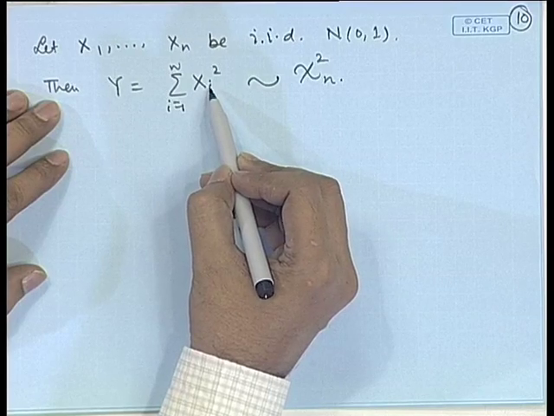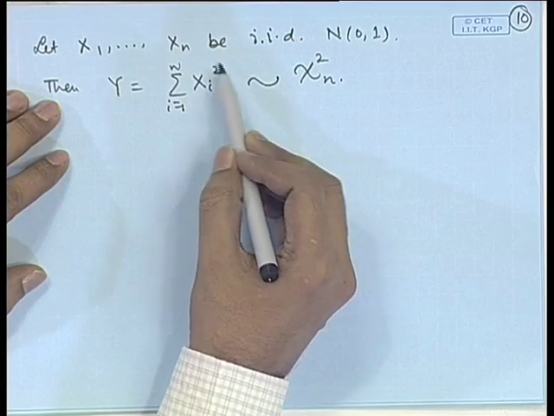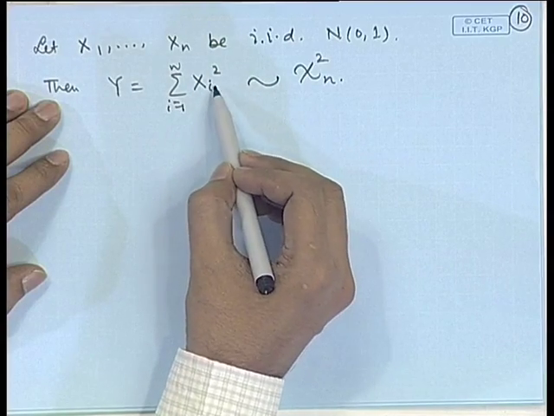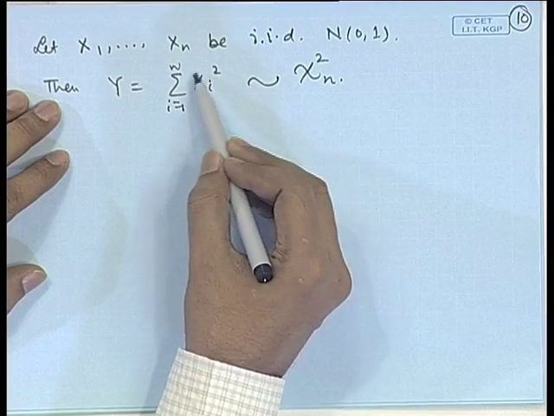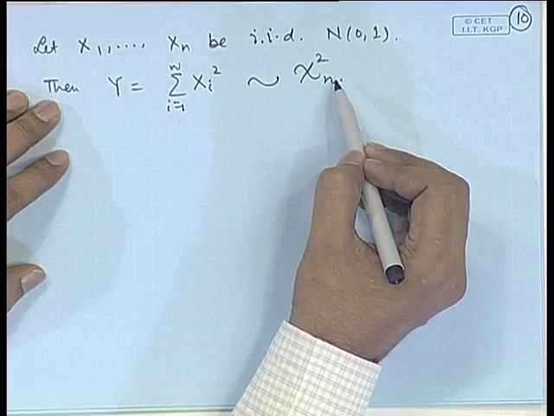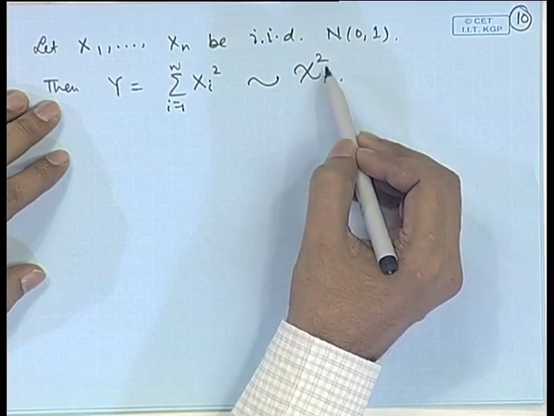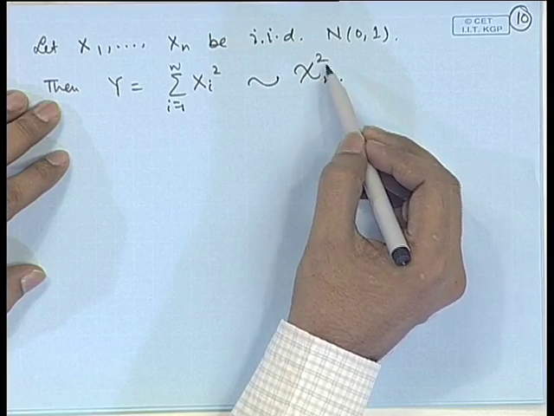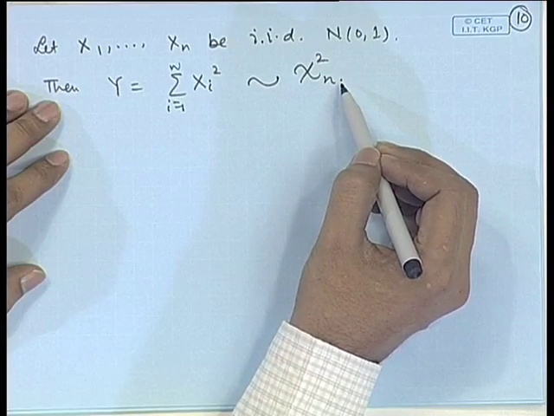Since we have already proved each of the Xi square is chi square 1, and if X1, X2, ..., Xn are independent, then X1 square, X2 square, ..., Xn square are also independent. Therefore, the distribution of the sum will be the chi squares added, and since chi squares satisfy an additive property, this becomes chi square n distribution.